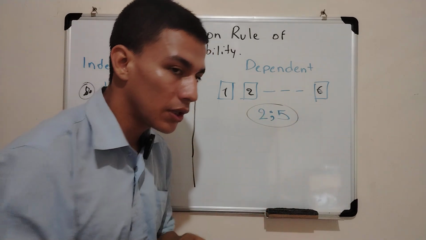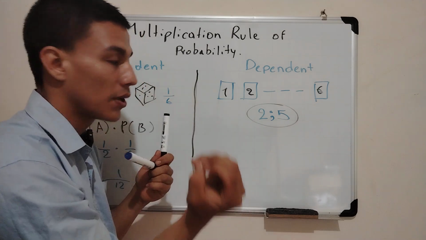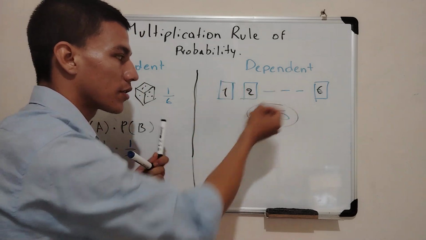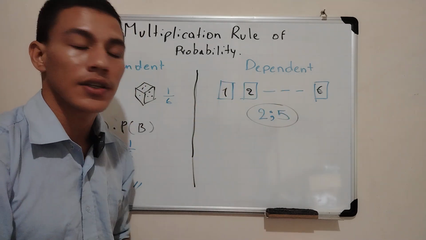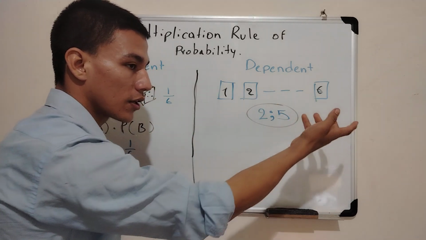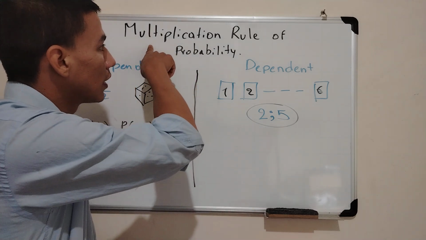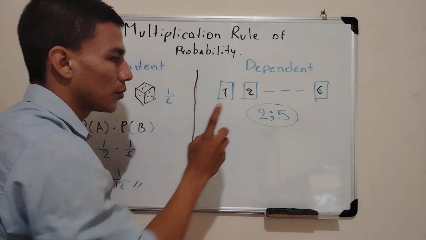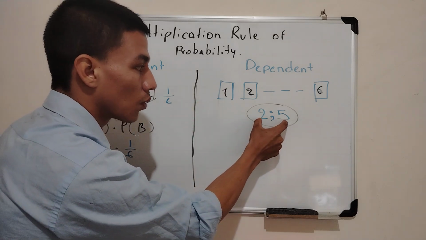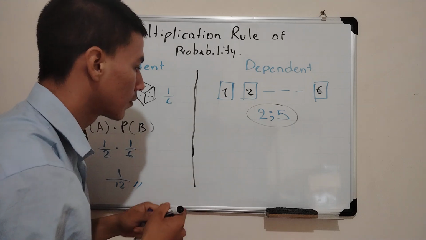So what is the probability of this to happen given these circumstances? We have 6 cards, and let's get the multiplication of these two events. Let me give the formula.